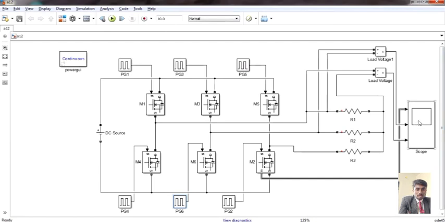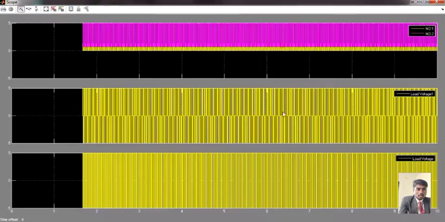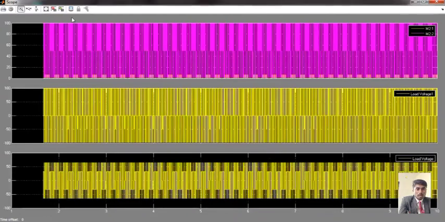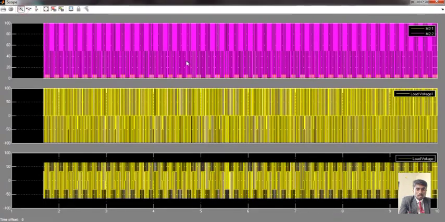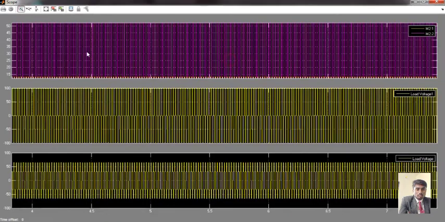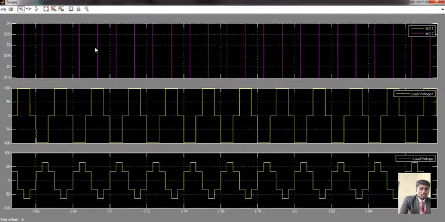Internal means we change the gate pulse values, and the output voltage will change. For external, we use a voltage regulator at the DC supply side, we change the DC supply, and then the output voltage also changes. We can also use transformers at the external AC side to step up and step down the voltage according to use. Thank you.